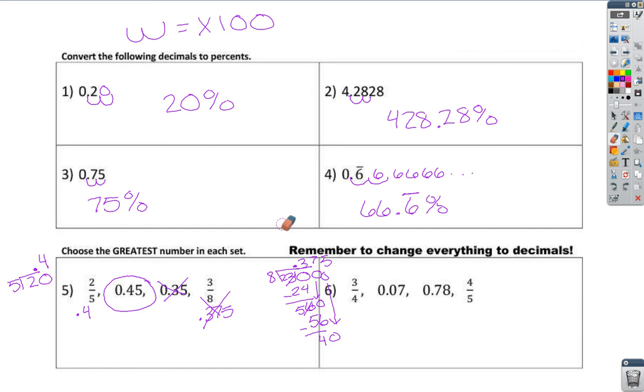Okay, so we are going to check our answer, and first we need to convert 3/4 into a decimal. Okay, 4 can't go into 3. 4 can go into 30, 7 times.